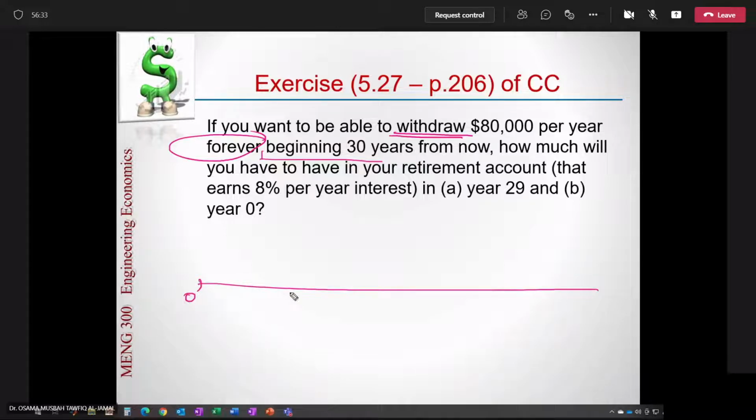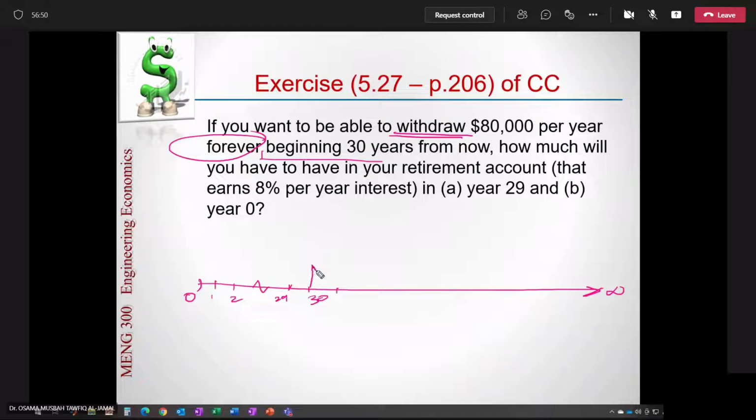So from year 0, I'm not going to plot it all, I won't write 1, 2, 3, 4, up to year 29, then 30, and so forth. So life here goes up to infinity.